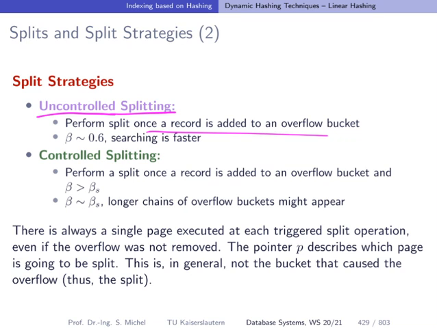And this means that in expectation, the allocation factor we would expect from linear hashing would be around 0.6. So every time a record is added to an overflow bucket, we trigger the splitting of a bucket.